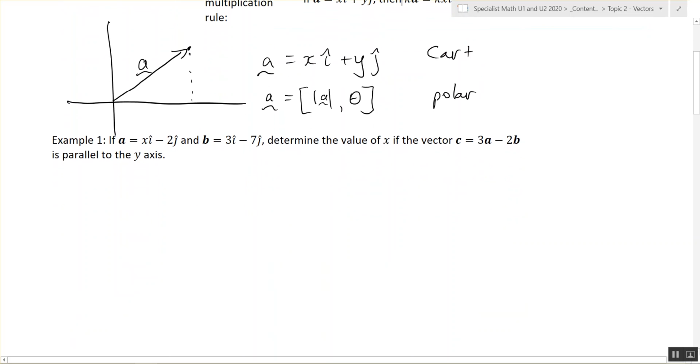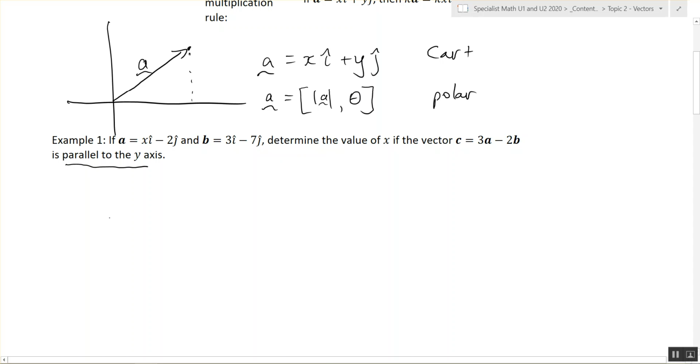Okay, so in this example, we've got two vectors. It wants us to determine an unknown value x in the first vector. Seems straightforward. It has vector c, which is like a combination of the two vectors. And this combination is parallel to the y-axis.